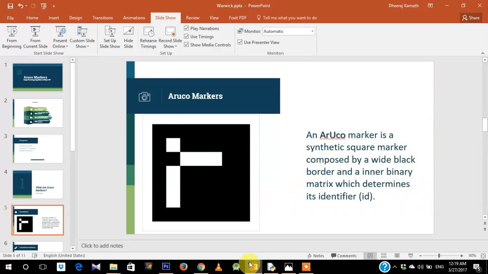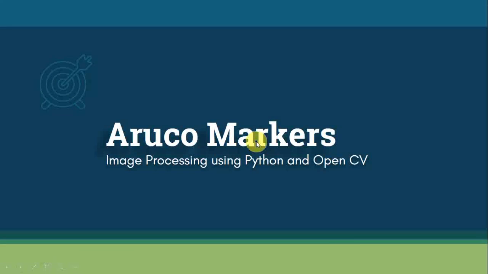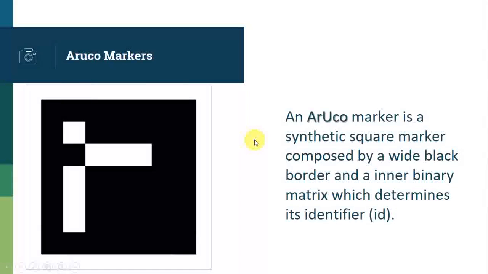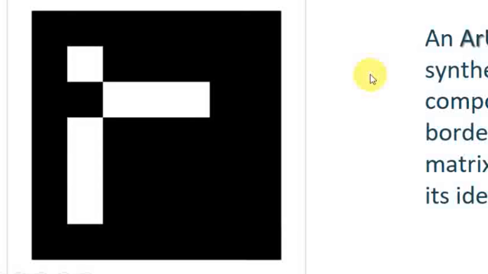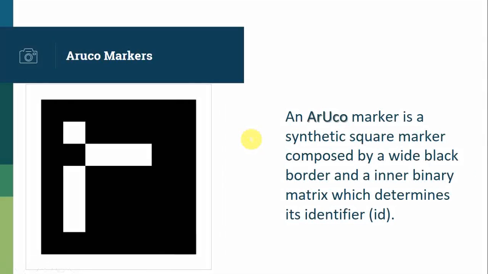So this is what is mentioned in the next upcoming slide. The inner matrix is the one which determines its ID. So Aruco markers are more like your barcode readers. Like in a barcode, each Aruco marker has its own unique ID.